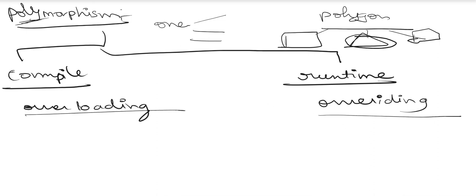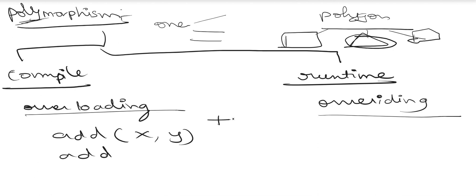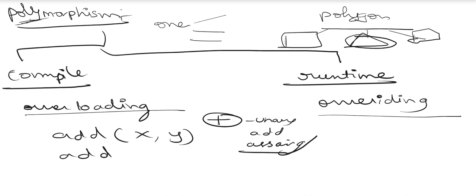So what is overloading? Overloading is nothing but having the same method name but different attributes. Let's consider add x and y. For operators also, just take it as plus, which is considered a unary operator, addition and assignment. So this is nothing but one thing represented in many forms.